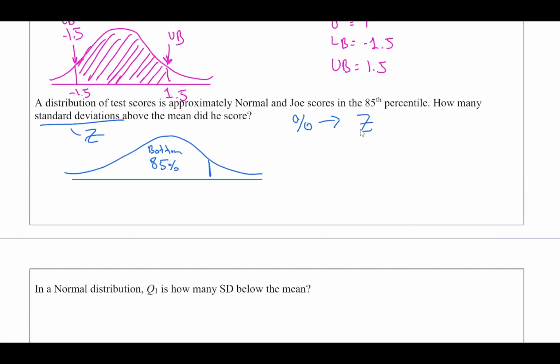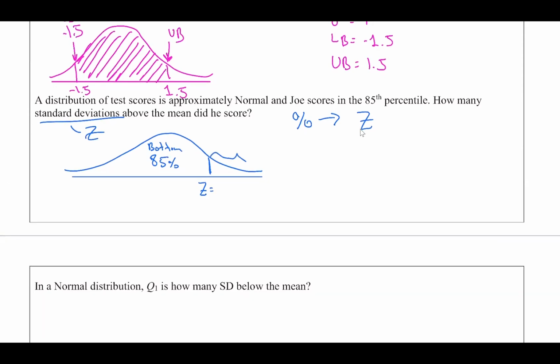What we want to find is the Z value that breaks up the bottom 85% from the top 15%. Essentially we have the bottom 85% and the top 15%, and we want to find the Z value that separates the two from each other.